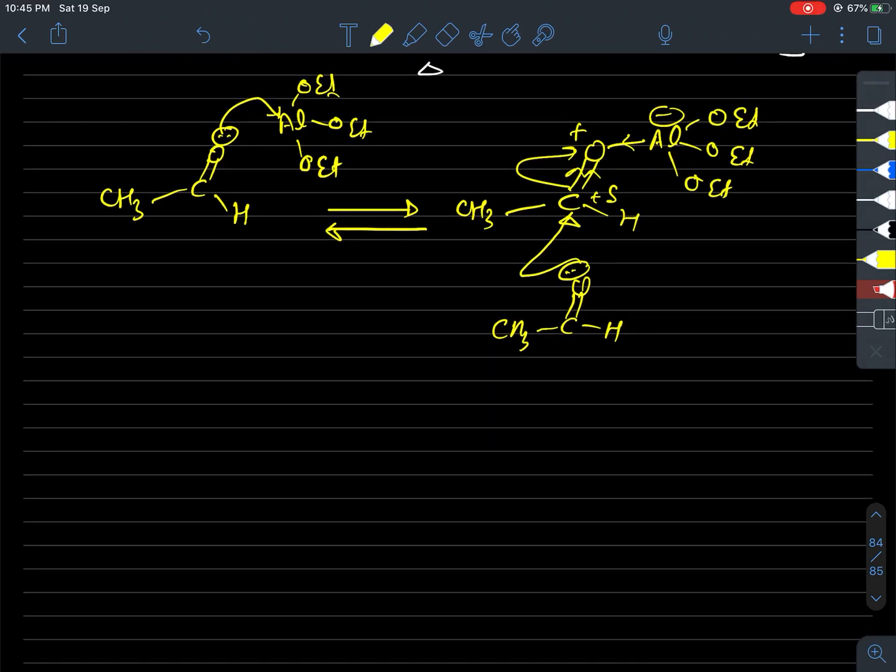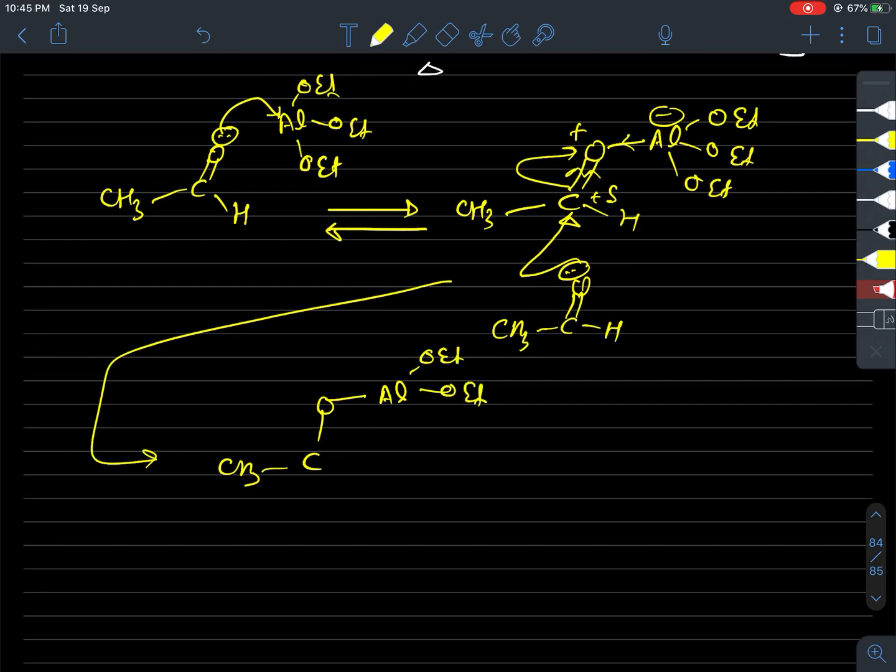So what we are going to get is simply CH3 O-Al, and from here you will have OEt, OEt and OEt. And what else will happen? See, here a hydrogen has come, and here the oxygen has donated, so there is a double bond C, H and CH3.